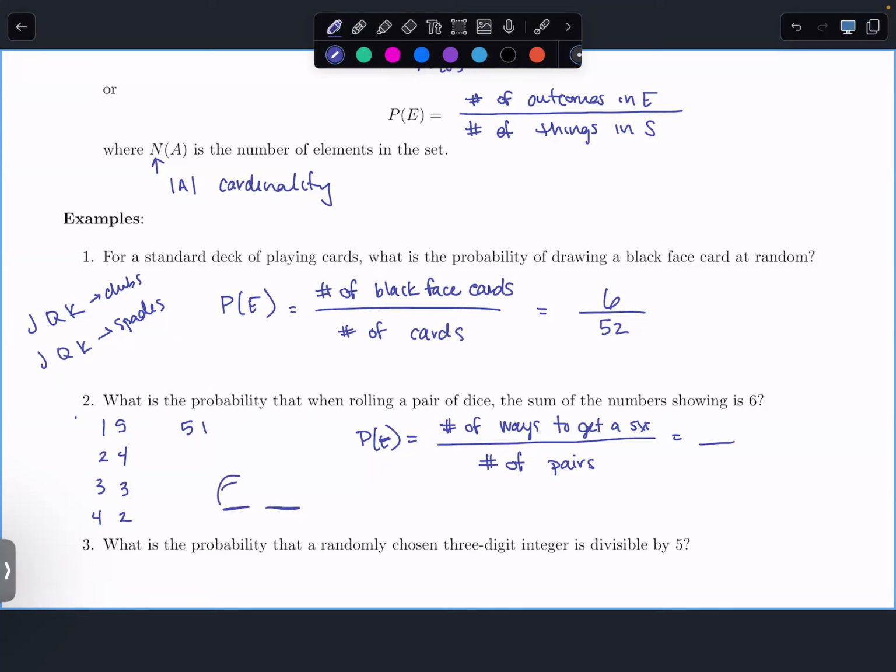How many things could go in the first die? And how many things could go for the second die? Also 6, so that's 36 total, because they're both happening. And then this is 5 of those 36. We have 1, 2, 3, 4, 5.